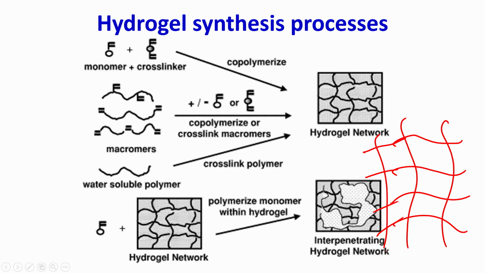and now what I do is I add some other different copolymer or different monomers into that, which then diffuses throughout this network, being small enough to go into these pores, and then I add another cross linker.